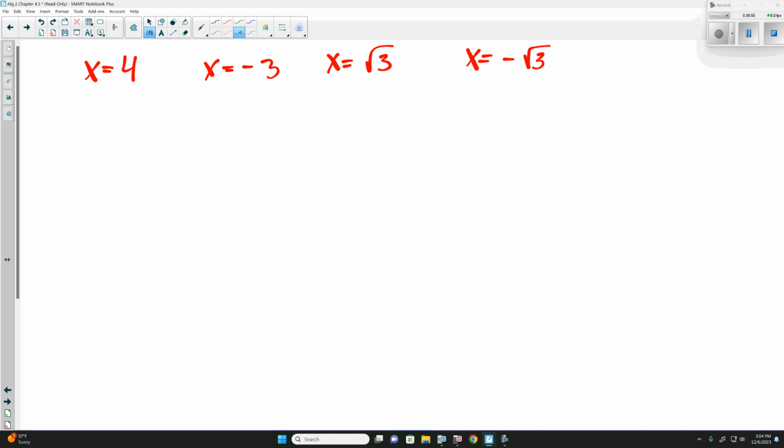Now at this point here, we need to get all 4 of these equal to 0. So the first one we can subtract 4, telling us x minus 4 is equal to 0.